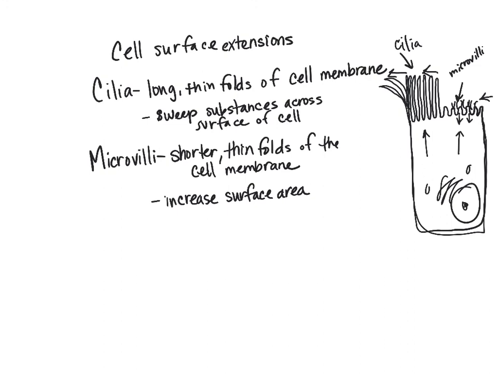So cilia, microvilli, and then the third one that I want to mention is flagella. This has also been mentioned previously in the organelles video, but this is a single long cell surface extension.